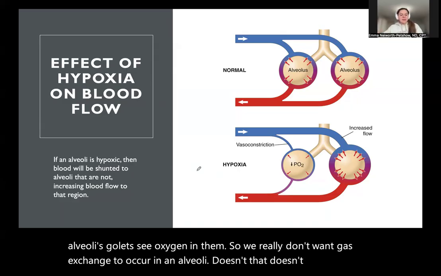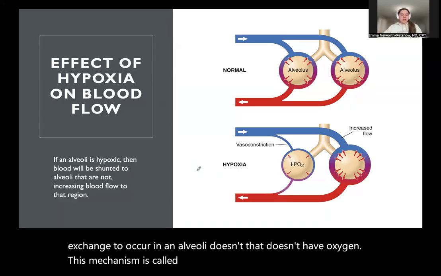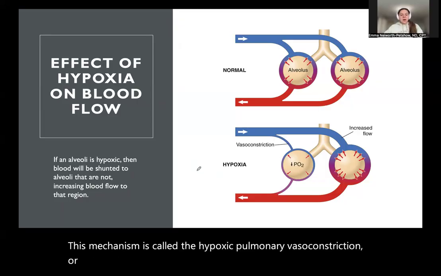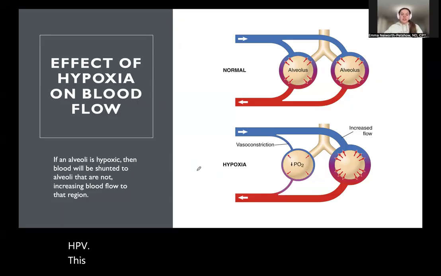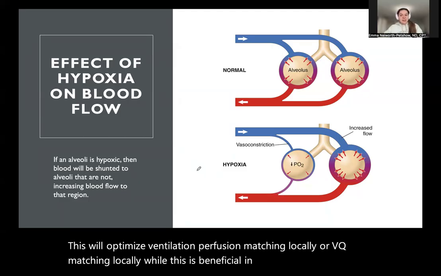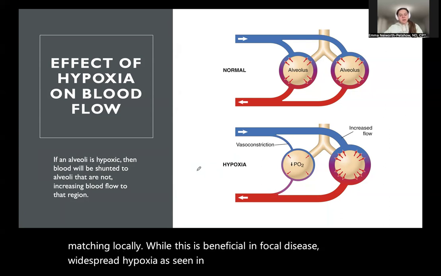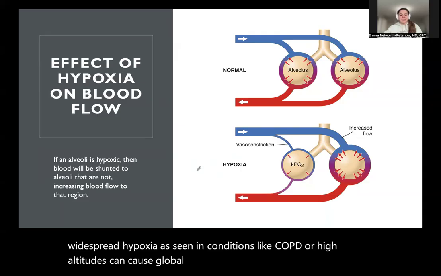This mechanism is called hypoxic pulmonary vasoconstriction, or HPV. This will optimize ventilation perfusion matching, or VQ matching, locally. While this is beneficial in focal disease, widespread hypoxia, as seen in conditions like COPD or high altitudes, can cause global pulmonary vasoconstriction and pulmonary hypertension.